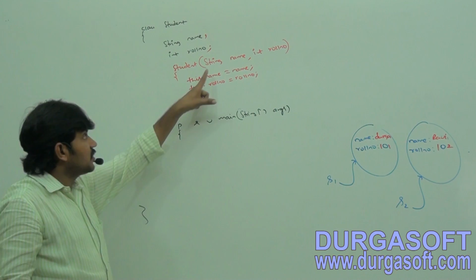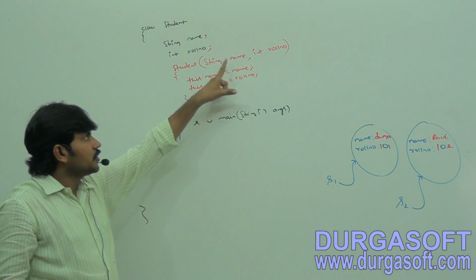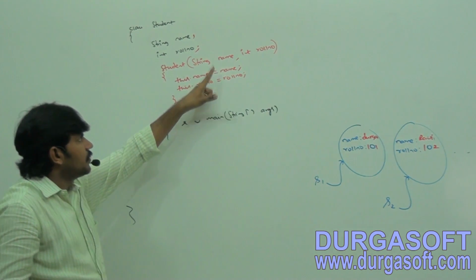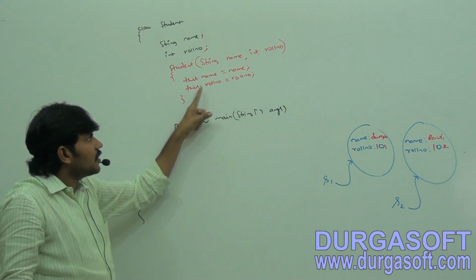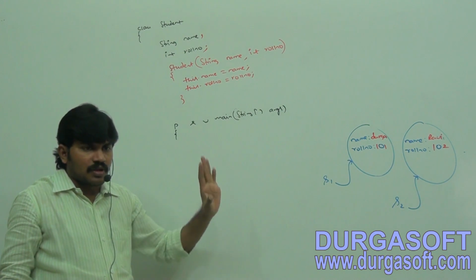Do you know what this concept is? Constructor, Student of String name. The current object name is your provided name, and the current object roll number is your provided roll number, right?